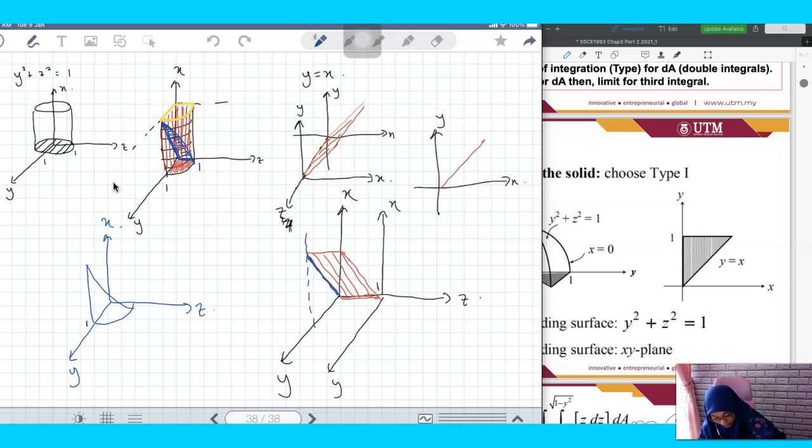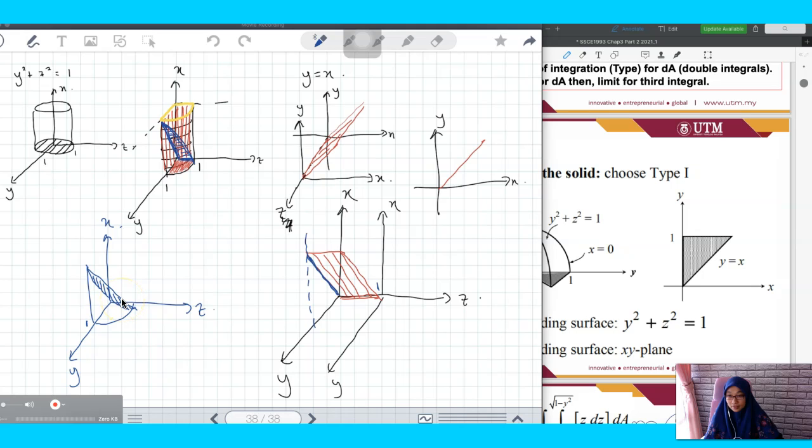Because this one is in 3D, it's facing backward, okay, backward. So something like, maybe this one is at the back, you can't see that. So this is part of the plane. After you cut your cylinder by this plane, this is the result that you obtain.